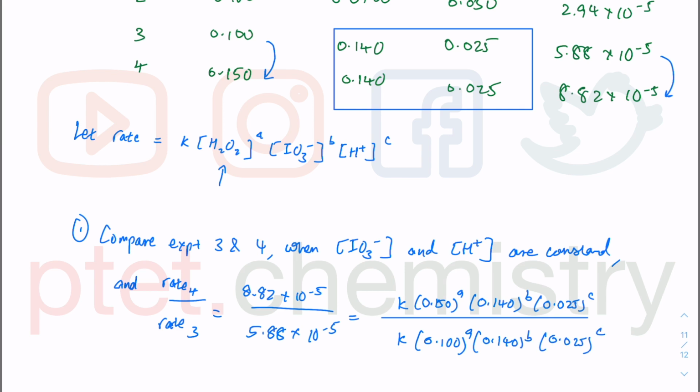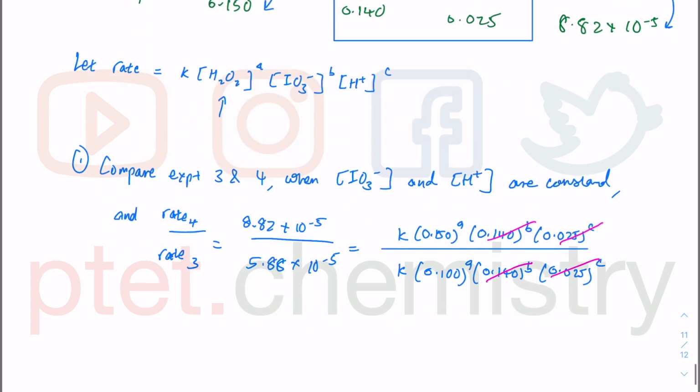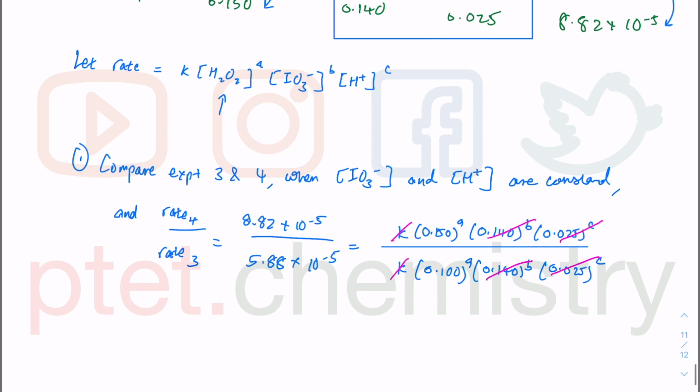But hopefully you can see why we chose to compare experiment 3 and 4. For this reason, these are exactly the same, irrespective of what B is, and these are exactly the same, so they will get cancelled out, and I don't need to concern myself about that. When you write these equations, the rate constant also cancels out. In the end, we are just left with one thing, which we need to solve for.